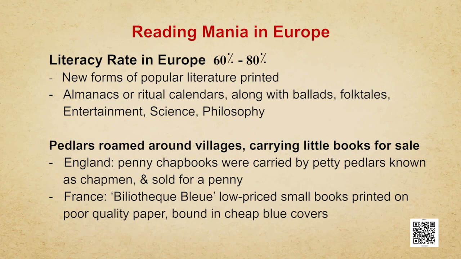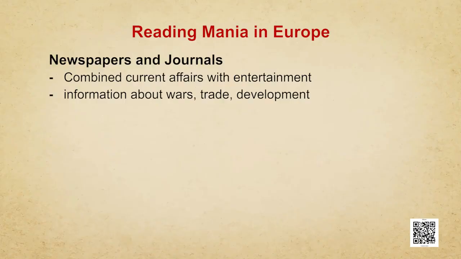So, in England, the penny chapbooks, and in France, Bibliothèque Bleue were very important forms of text which were available to common people. If we talk of newspapers and journals, they combined current affairs with entertainment, information about wars, trade, development in different fields. That is how reading mania was raised in Europe.